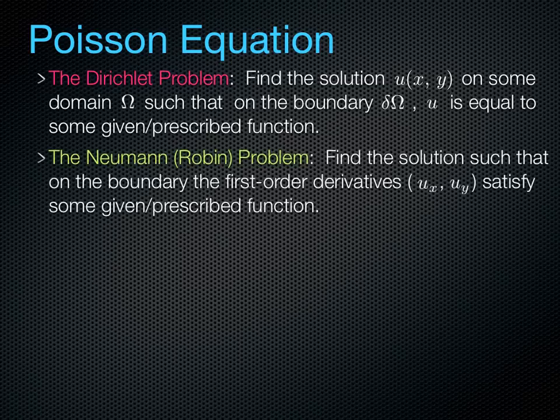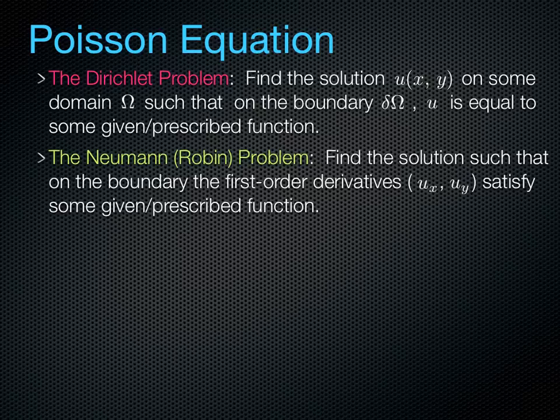The second version is the so-called Neumann or Robin problem, where we are required to find the solution that satisfies the governing equation, but then its first-order derivatives are required to satisfy some given prescribed function on the boundary of the domain.